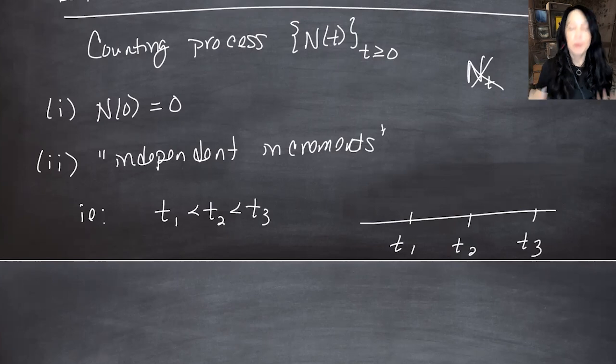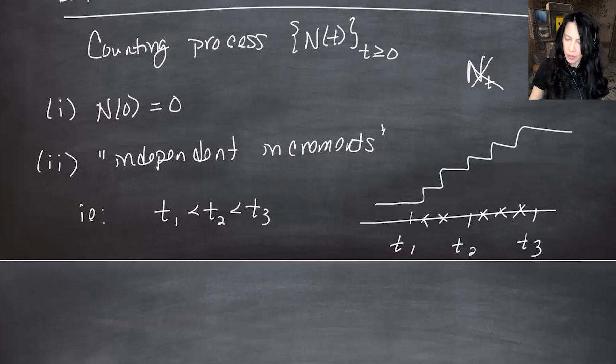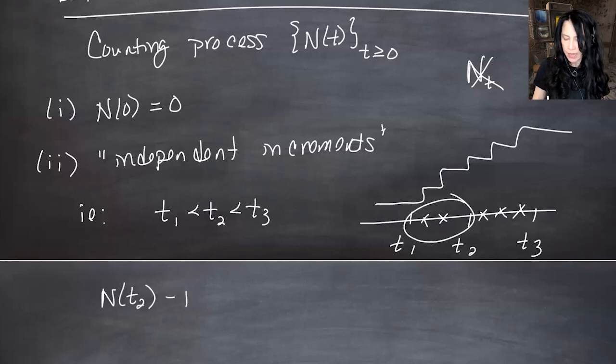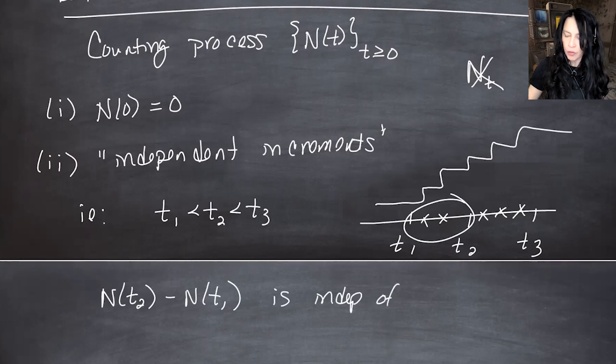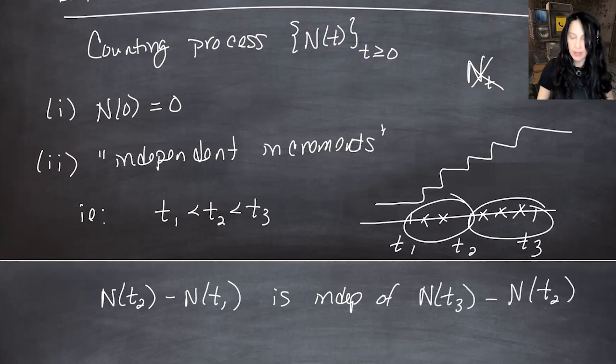This independent increments property is saying the number of arrivals in here is independent of the number of arrivals in here. And those are corresponding to places where we step up. And so the number of arrivals in here is given by N(t2) minus N(t1). That's a random variable, and it is independent of the number of arrivals in here, which is N of the total by time t3 minus the total by time t2. So this is an assumption of the Poisson process.